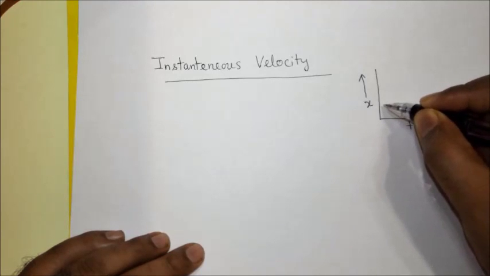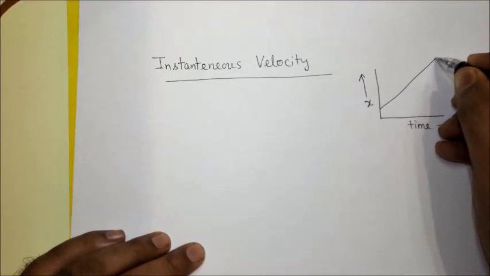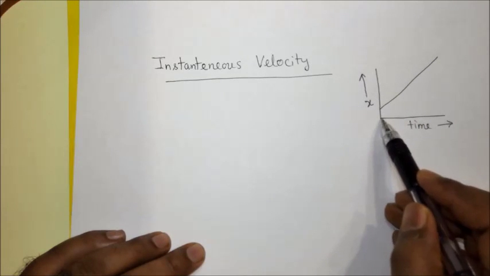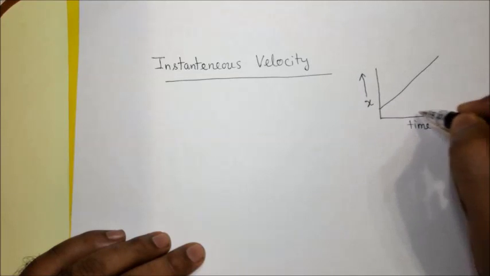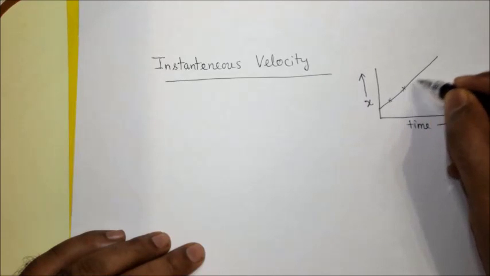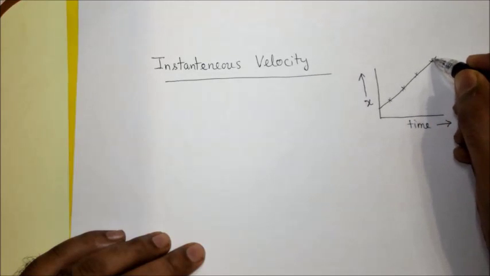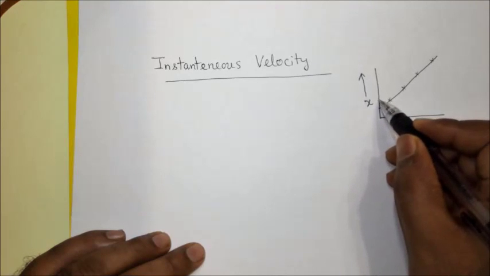If you have a straight line, at time t equal to 0, this is the position, alright? And as time goes up and up, there is a constant change in delta x.